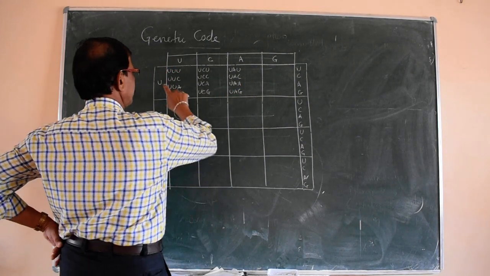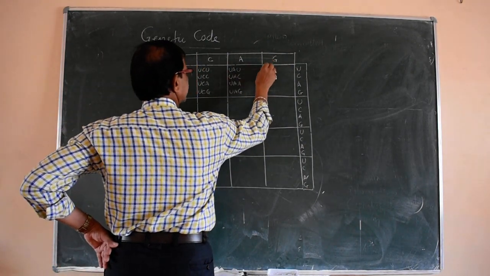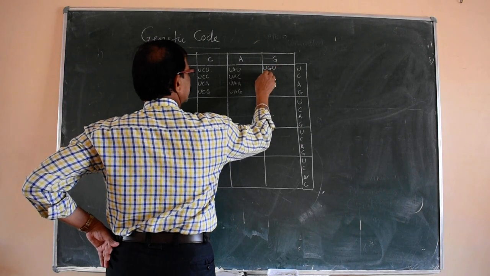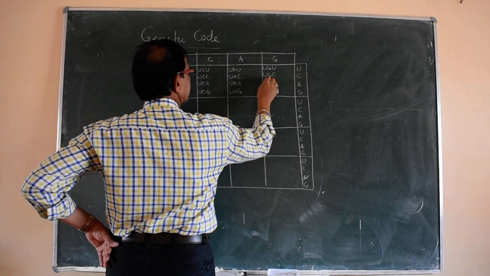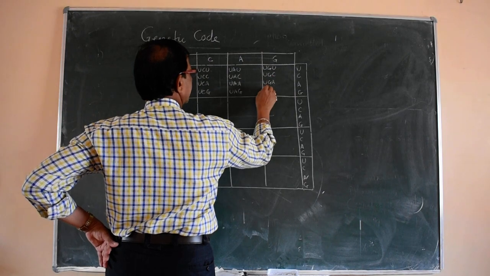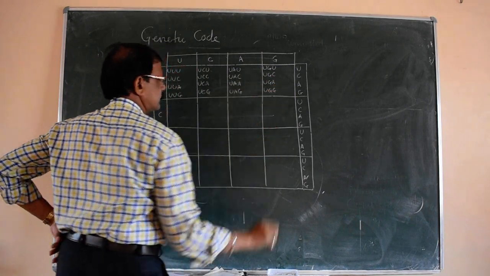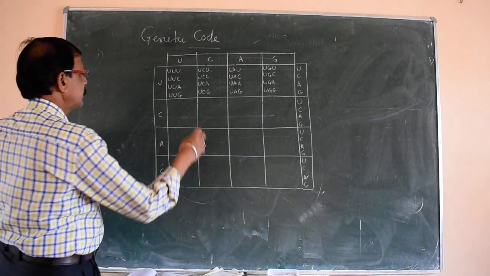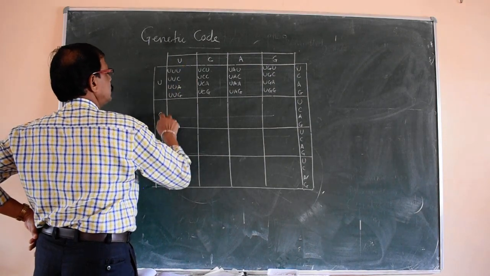Last. Similarly, UG: UGU, UGC, UGA and UGG. Correct.